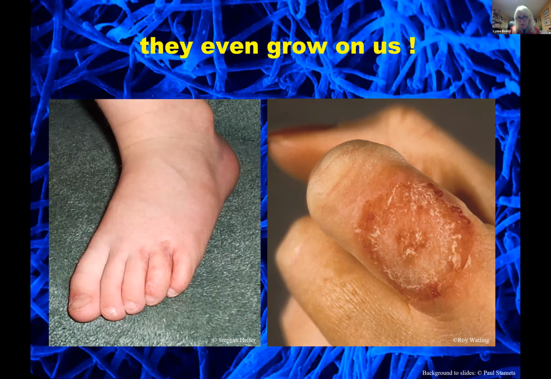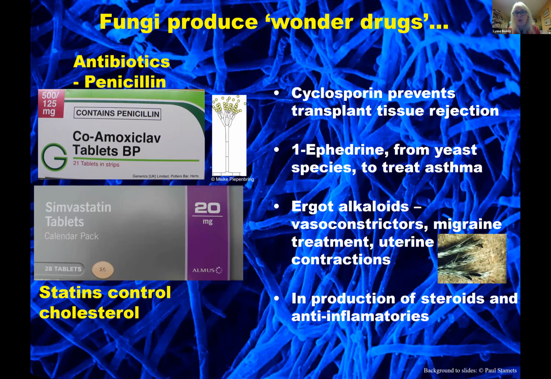From a human perspective, or again, an animal's perspective, fungi do grow on us sometimes, and indeed can cause problems. Things like athlete's foot and ringworm can relatively easily be cured by topical application of medicines or ointments and what have you. But I'd just like to draw your attention and remind you that fungi produce some very important drugs, the wonder drugs of our age, and the obvious one that springs immediately to mind is penicillin, produced from the fungus Penicillium.